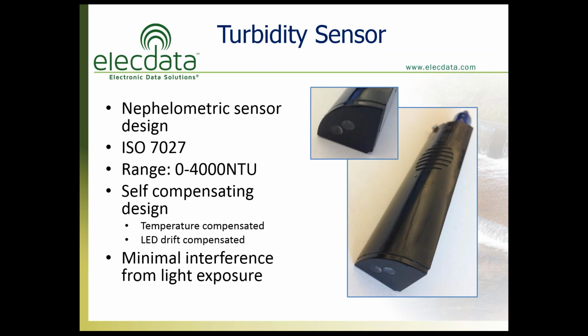The sensor is also a self-compensating design, so internal electronics actually measure the LED drift that somebody might see over years with not being able to provide the same light intensity coming out of that, and it makes adjustments accordingly. The LED intensity is also temperature compensated, and the sensor has very, very minimal interference from external light exposure, such as the sun.